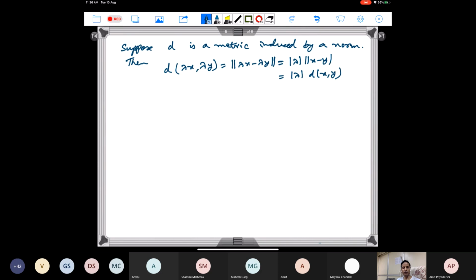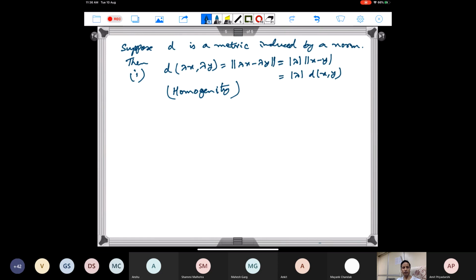So we have d of lambda x, lambda y must be equal to mod lambda times d of xy. This is called homogeneity. So first is this property, that this metric space must be homogeneous.